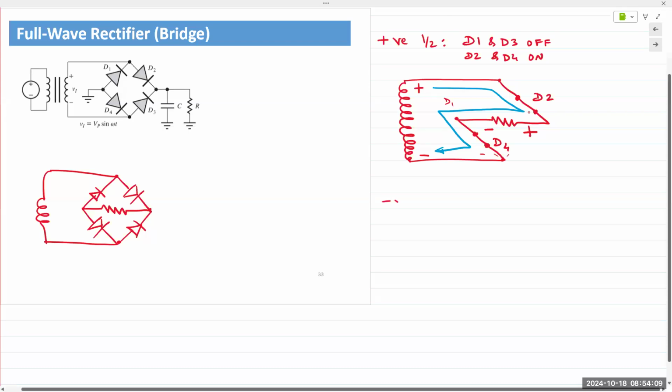And in the negative half cycle, the exact opposite happens. Now D1 and D3 are on, and D2 and D4 are off.